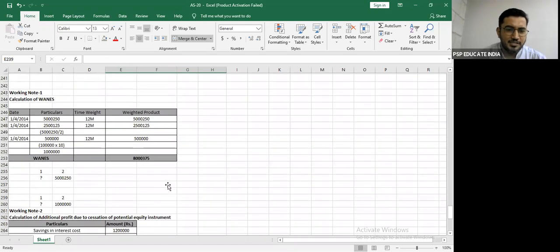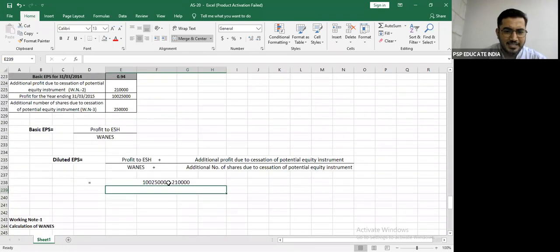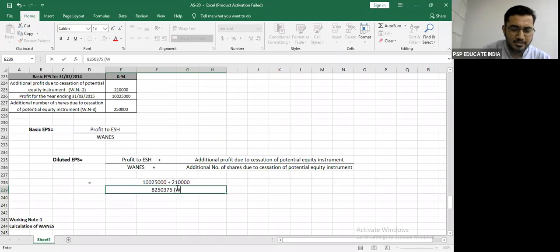Finally, how much is the total WANS do you get? 82 lakh 50,375. You get this from working note 2.